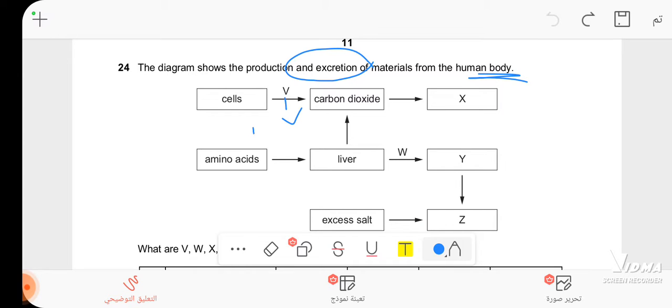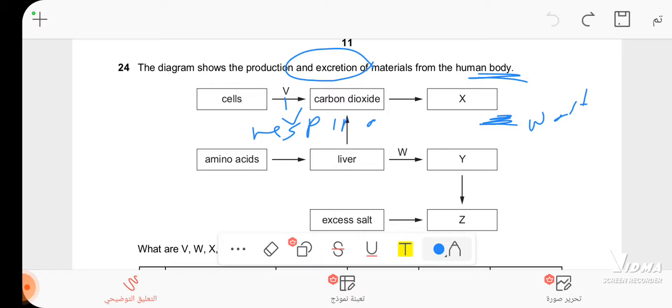Respiration produces carbon dioxide, and it occurs in cells. As we said, breathing occurs in lungs, but respiration occurs in cells. This is called waste products. Here are waste carbon dioxide and waste products.